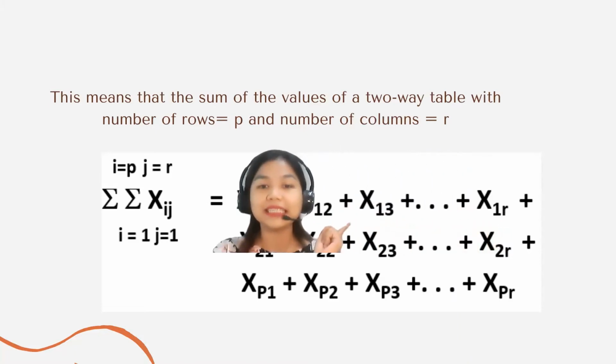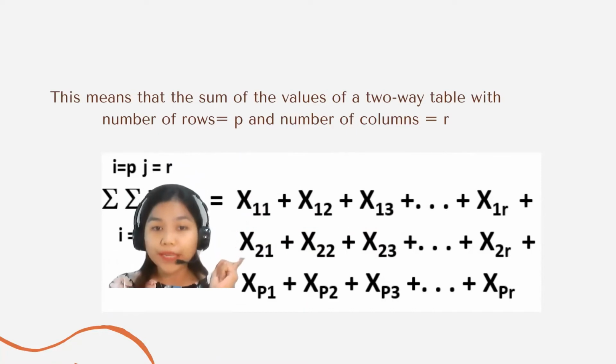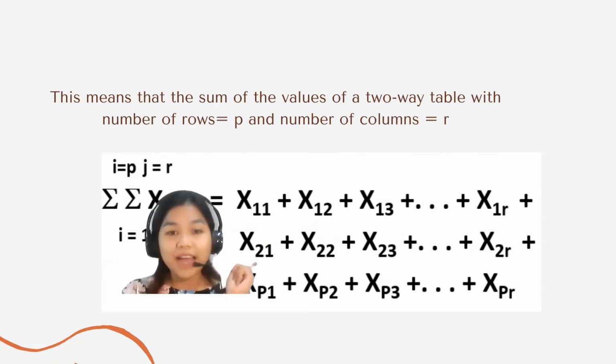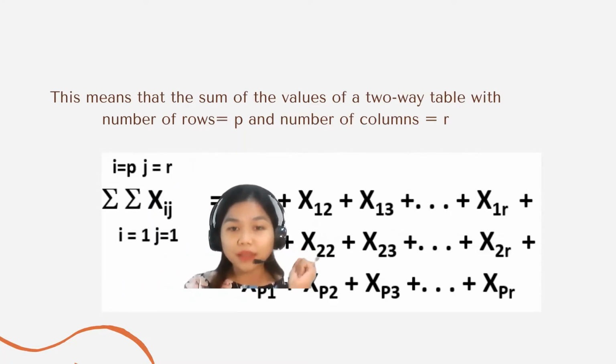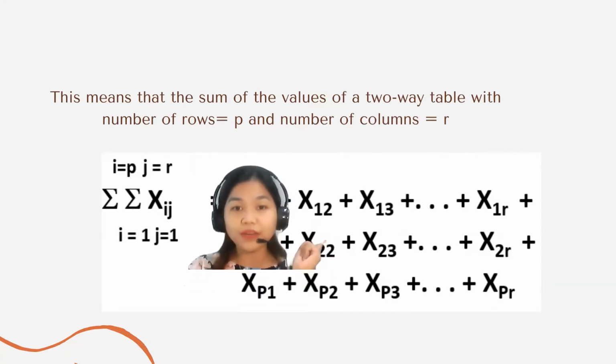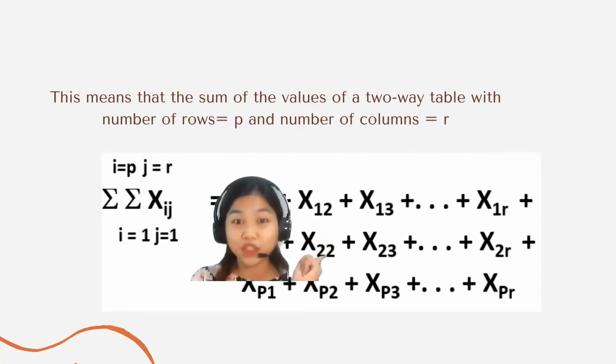And then since this is summation, we're going to add the values found in the second row. So X row 2, column 1, X row 2, column 2, we're referring to the values in this position.